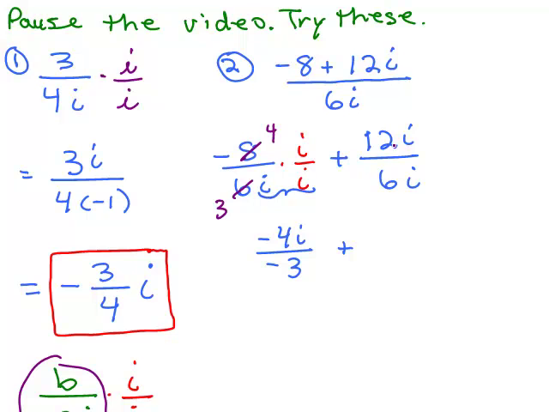Next term, the i's cancel, and the 12 over 6 cancels, so I end up with just a 2. All right, now we want to write that as a plus bi, so we put the 2 first. And what's this? Well, negative over negative is positive, so that's going to be plus, and let's write that as 4/3 i.